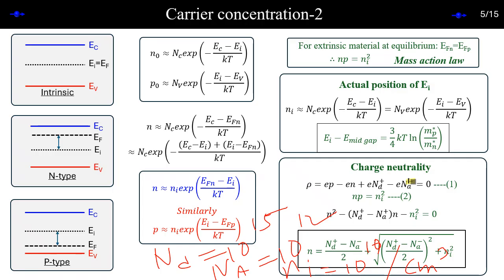Correct. When we are dealing with real silicon, if you look at the net carrier concentration, then we can backtrack and find the Fermi level from the expression. So it works both ways.